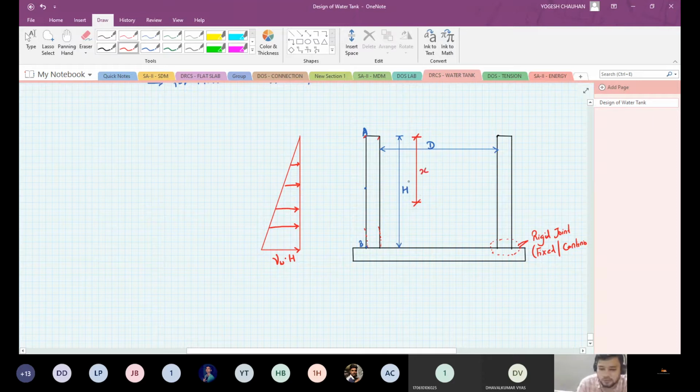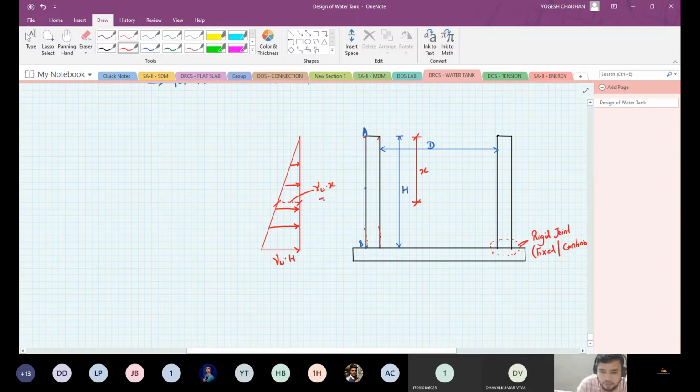At this x distance, the pressure at this level will be gamma w times x, because at that section the pressure will be due to the water above it.